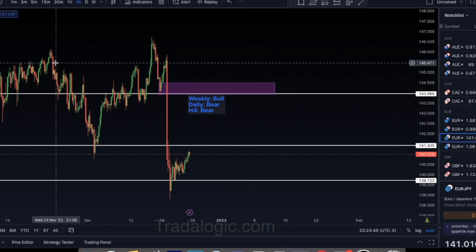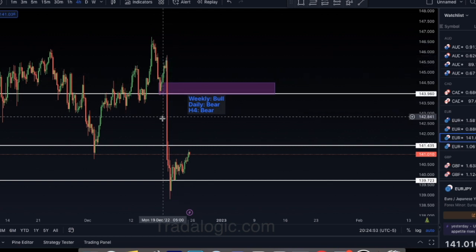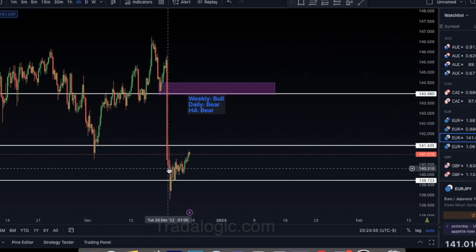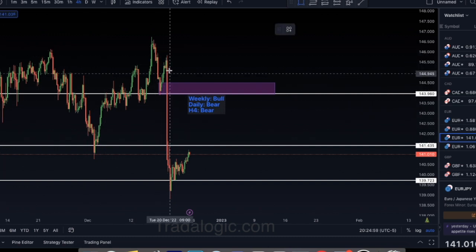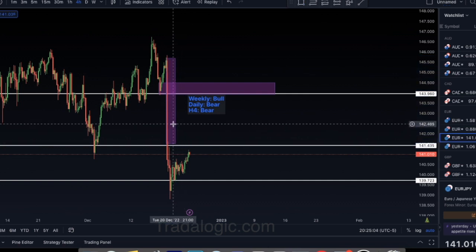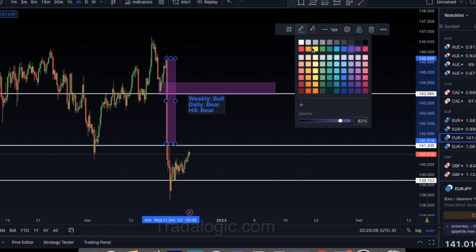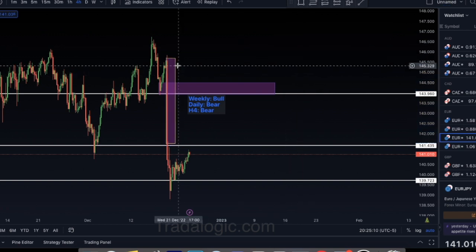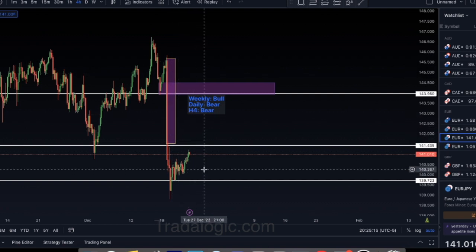So every time you have a very big push, this one is called imbalance. Every time you have imbalance in the market, the price will usually come back to fill out the imbalance before going back and actually continuing the trend.